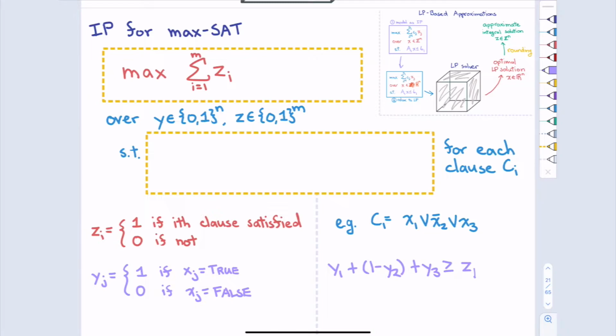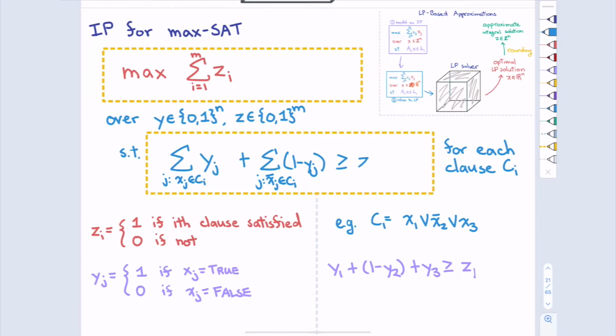Okay. Great, so if I were to generalize that for clauses in general, say the ith clause, we would be doing like, I'm going to sum over all the variables j where xj appears as is in Ci, so abusing notation a little, yj, plus the sum over all j's where the negation appears, 1 minus yj, and this has to be at least our indicator variable zi for the ith clause.